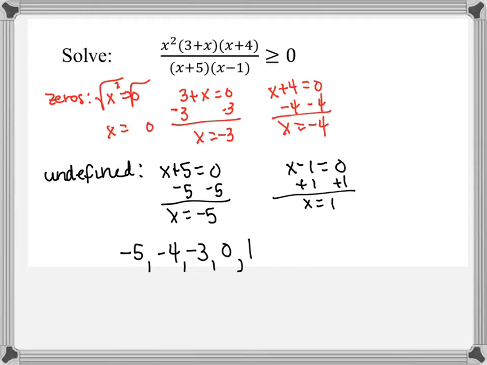In order from smallest to largest, I have -5, -4, -3, 0, 1. That's 5 critical values. I'm going to have 6 intervals. And I'm going to be looking for the positives or zeros. And 0 is a 0, -3 is a 0, -4 is a 0.